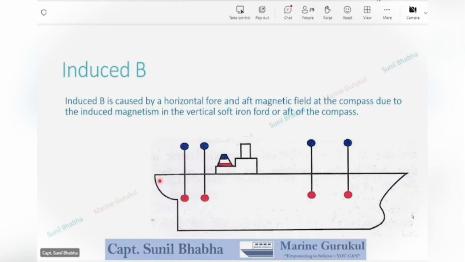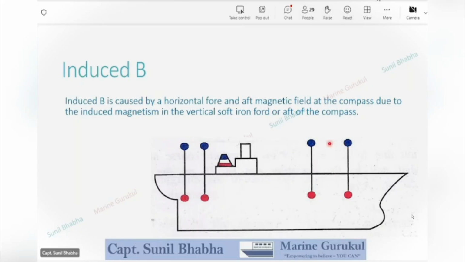If this particular ship is in the northern hemisphere, the lines of force go vertically downwards, so they will be entering from the top end of the VSI and leaving out from the bottom end of the VSI. So the top end where they are entering gets a blue polarity, and the bottom end where they are leaving out gets a red polarity.